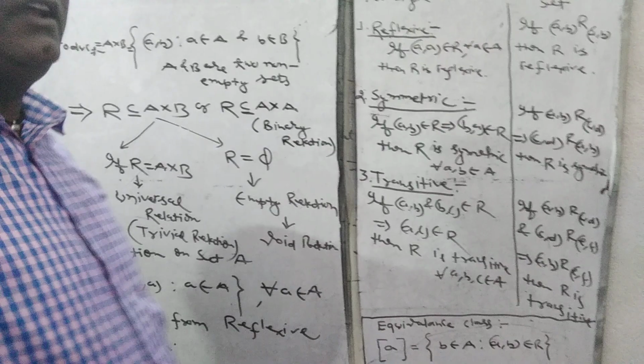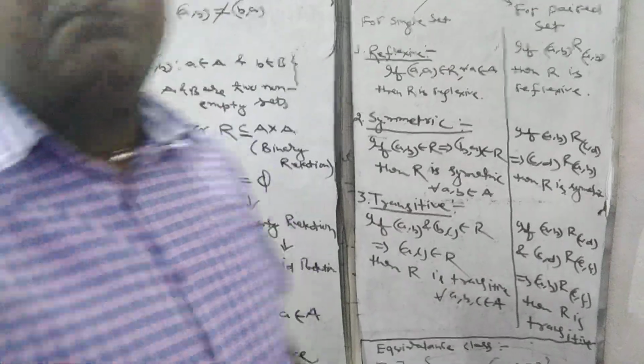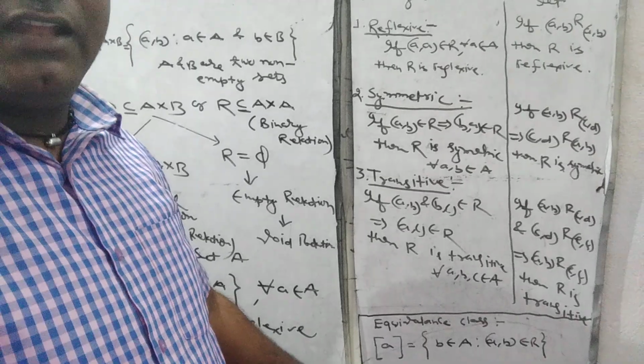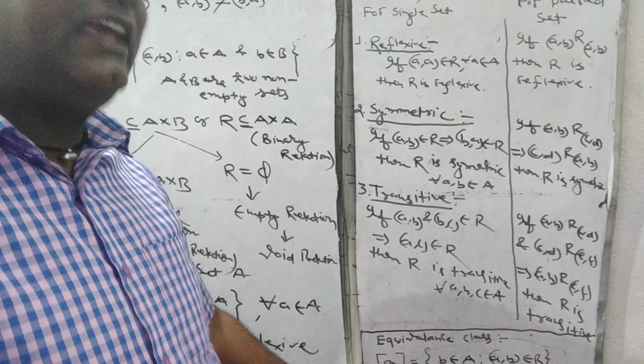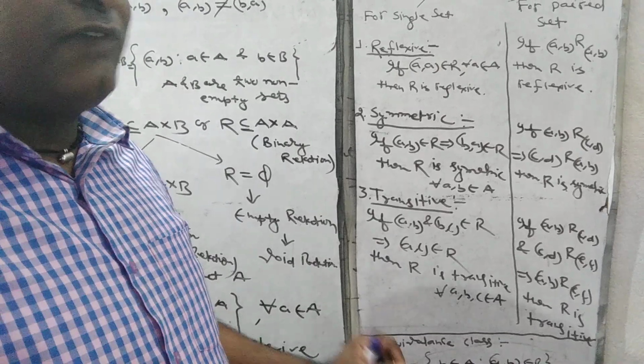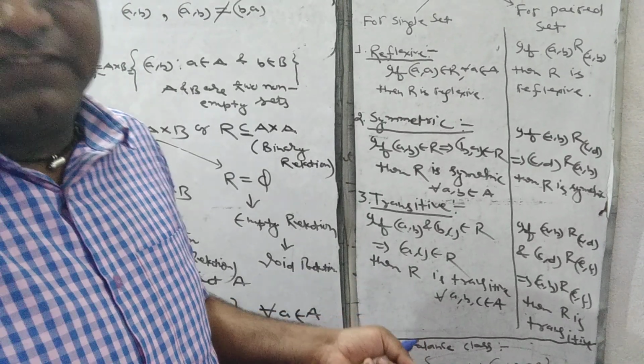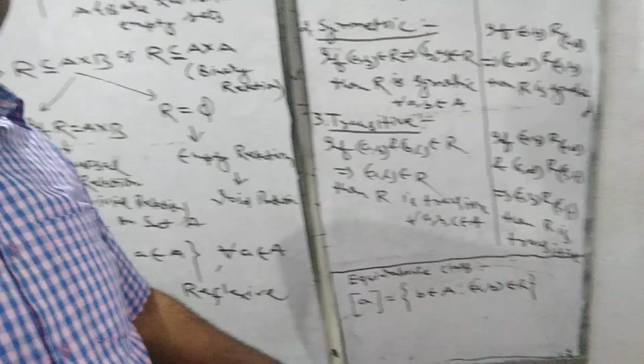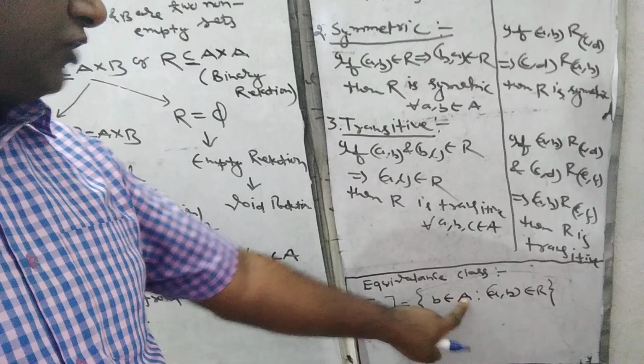For finding the equivalence class, the given relation must be an equivalence relation. That is the first condition. And what is equivalence class? The equivalence class of a is: we must find a second element belonging to the set so that the pair is in the relation. The definition is, if b belongs to A, then (a, b) belongs to R.